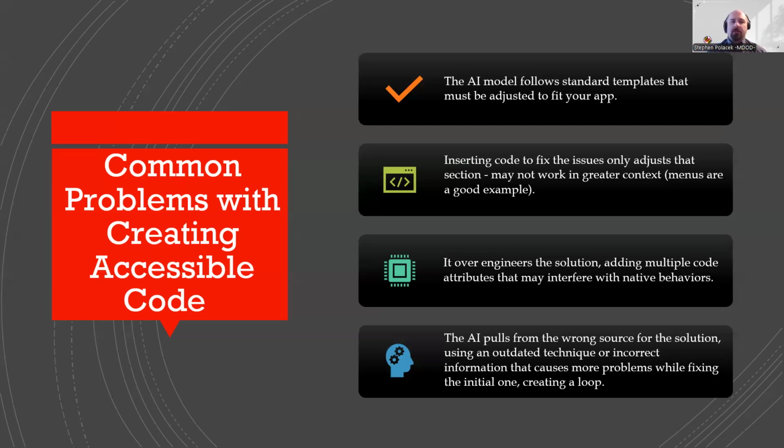And I found this a lot when I was trying to use AI to create a widget that was hopefully to try and make things more accessible that are traditionally not accessible, like data and charts, because those are very challenging to make accessible.